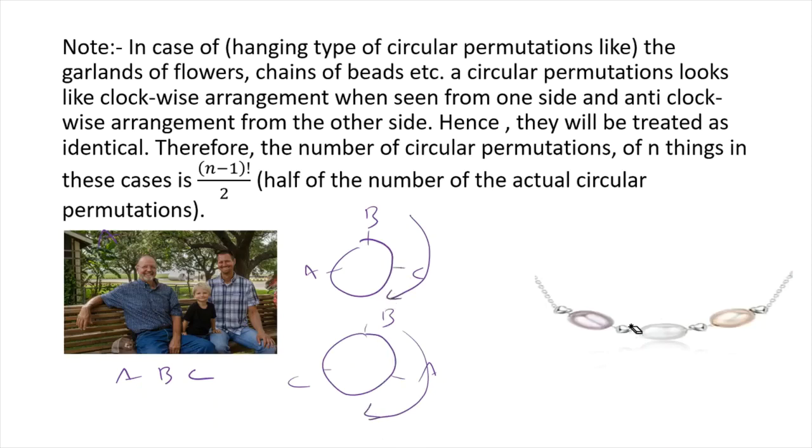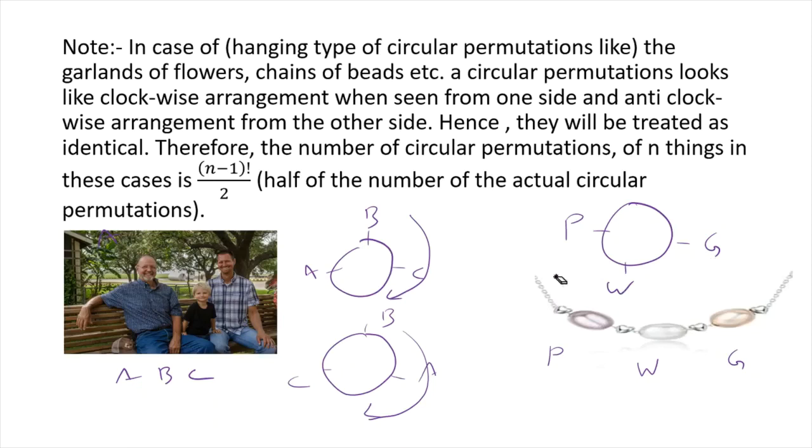Okay. Now let us come to this one. Here we have 3 beads. The middle one is white. It is a little bit gold in color, so let me denote it by G. This is a little bit pinkish in color, so let me denote it by P. So we have this circular permutation: here we have W, here we have G and here we have P. If I wear this chain, then this gold color bead will come onto the chest, onto the side where the heart is located.